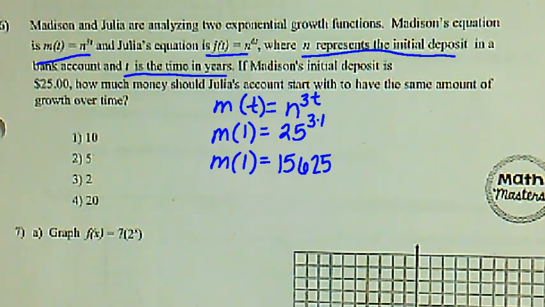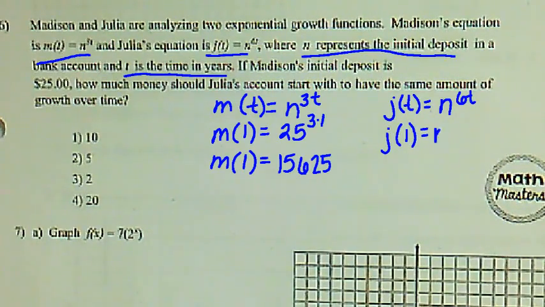Okay, so same thing. We're going to do j of t is equal to n raised to the 6t. So if this is 1, n to the 6 times 1. So I want to know what base raised to the 6th power is equal to this.